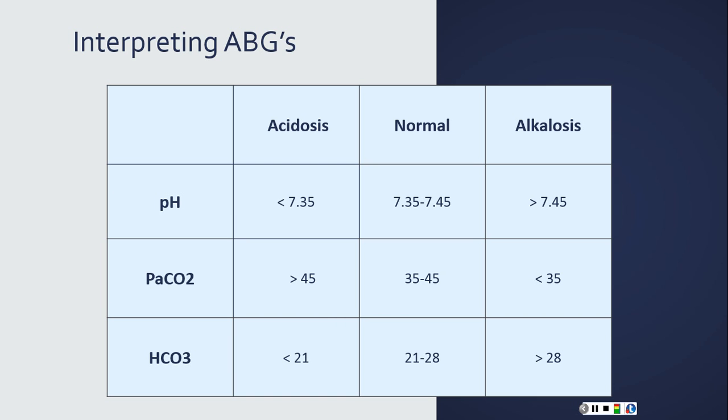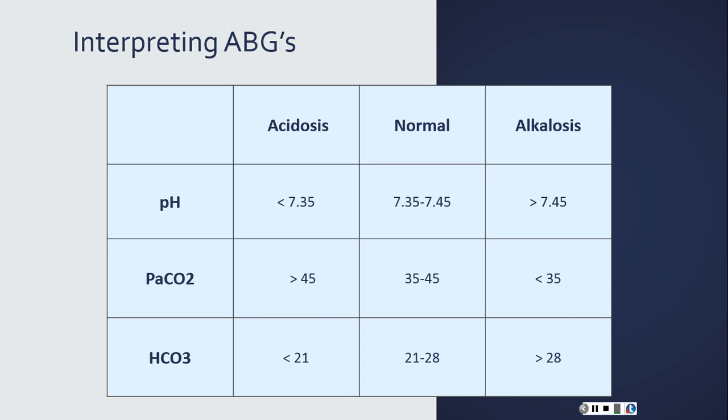Okay. But now, let's figure out compensation. What's the third part? All right. Has this number moved to abnormal? Yes. So we have some kind of compensation that's occurring, right? All right. So it's compensated.